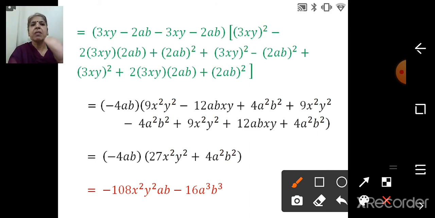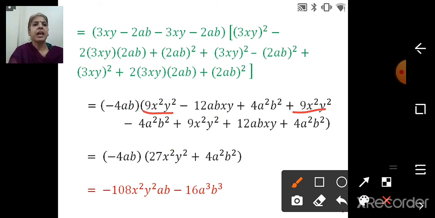So next step now, minus 4ab, it is already solved. So minus 4ab in the bracket. And now we will simplify the second bracket. So check again the like terms, 9x square y square, 9x square y square, 9x square y square, and all are positive. So we are going to add them. 9 plus 9 plus 9, 27x square y square.